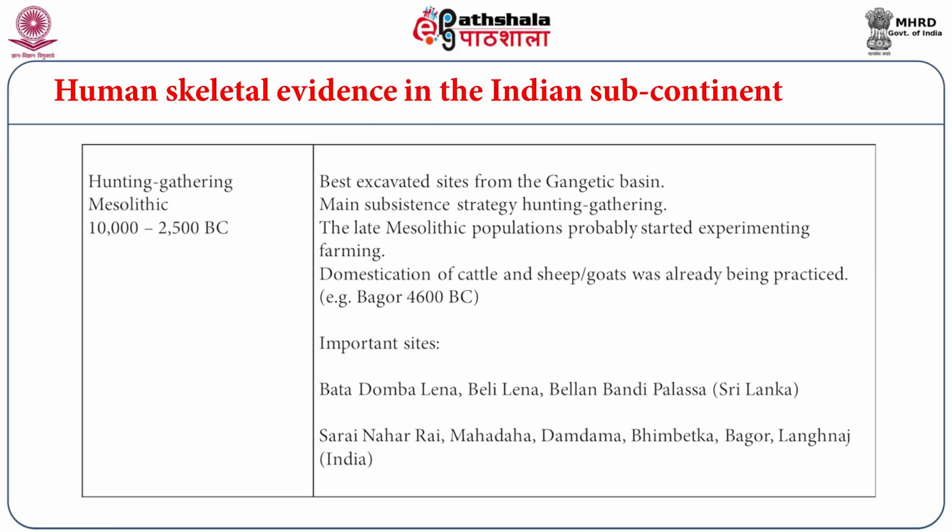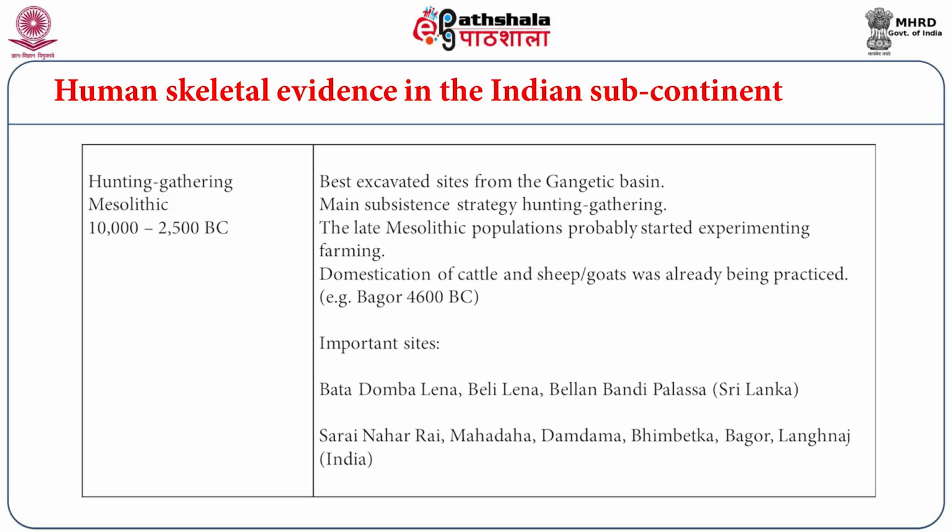The next set of skeletal materials come from the Mesolithic context in India. From the Mesolithic times onwards, we have better representation of human skeletal materials. The hunting gathering or the Mesolithic period is generally placed between 10,000 to 2500 BC. Best excavated sites from the Gangetic Basin have produced several important skeletal materials.